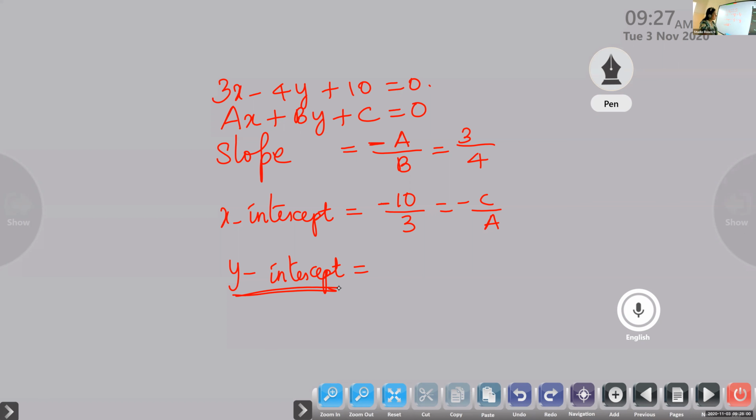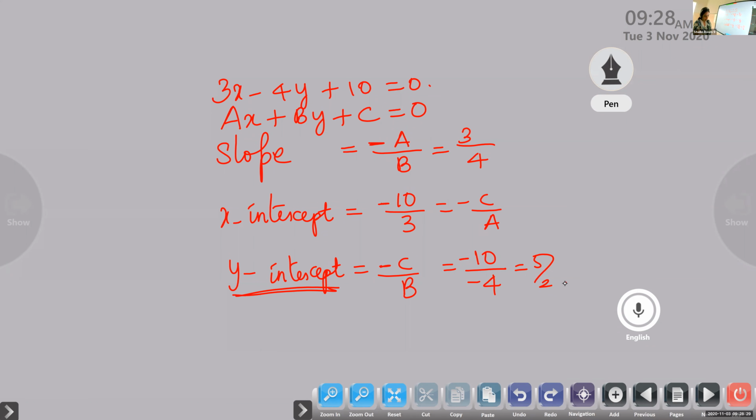What is the y-intercept? Minus c by b. Okay, listen to it. It is given by minus c by b. So c is here 10, so minus 10 by b, which is minus 4. So what is the answer? Is it 5 by 2?